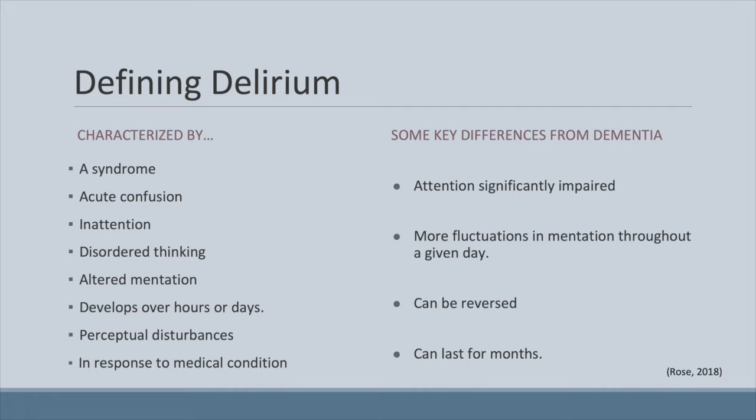And delirium is something that can potentially be reversed and can last for maybe months at the most. But dementia is irreversible. It lasts up until the end of a person's life.